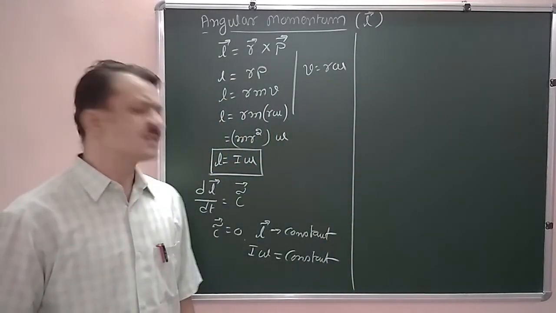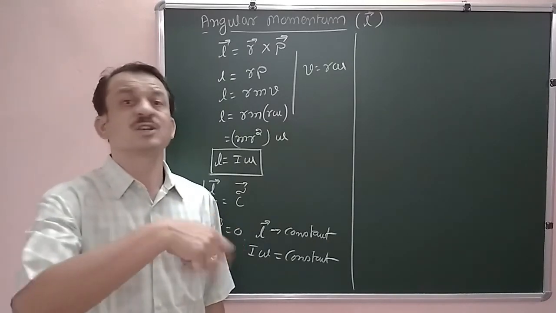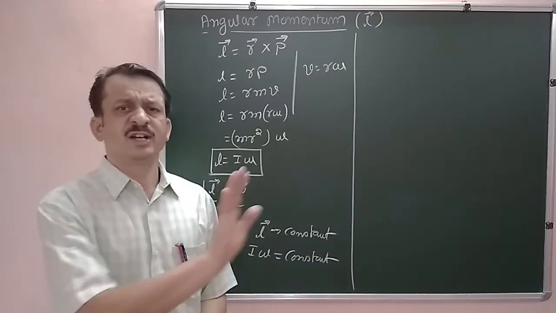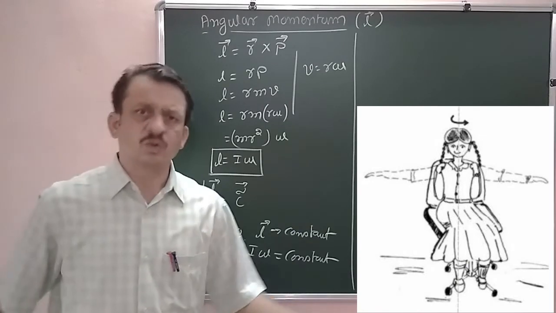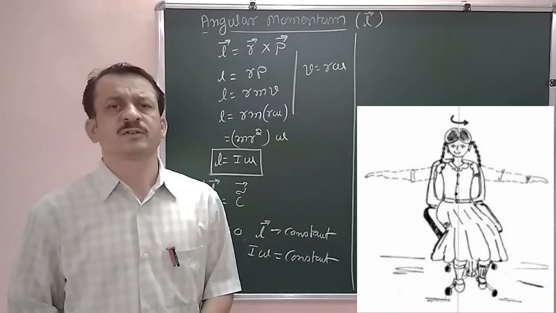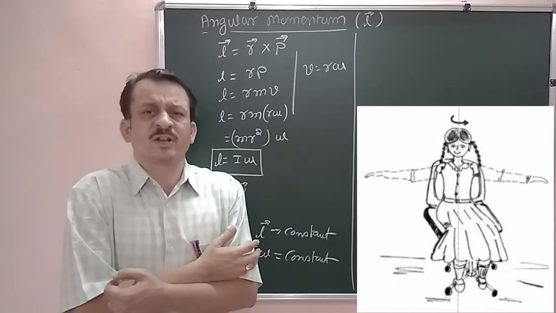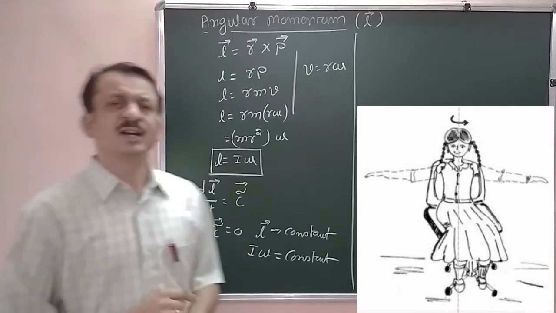Now consider we have a swivel chair, that is a rotating chair. On that chair, a child is sitting. Now that child starts to rotate with that chair, with his hands and legs very close to the body, as shown in the diagram.